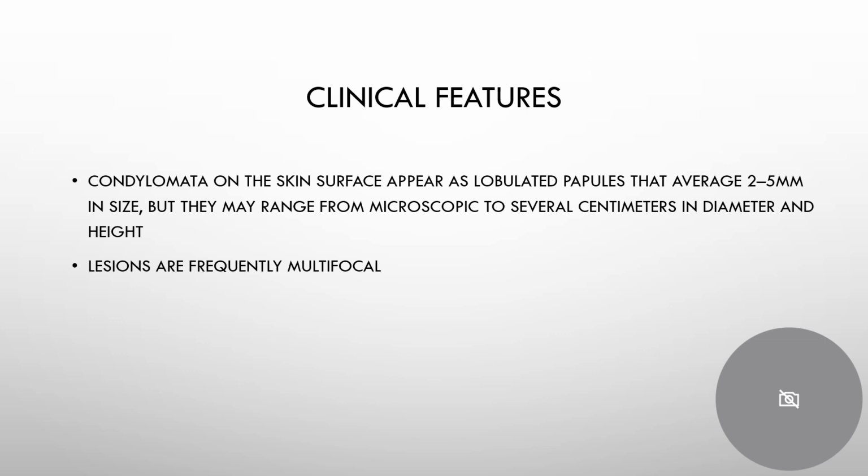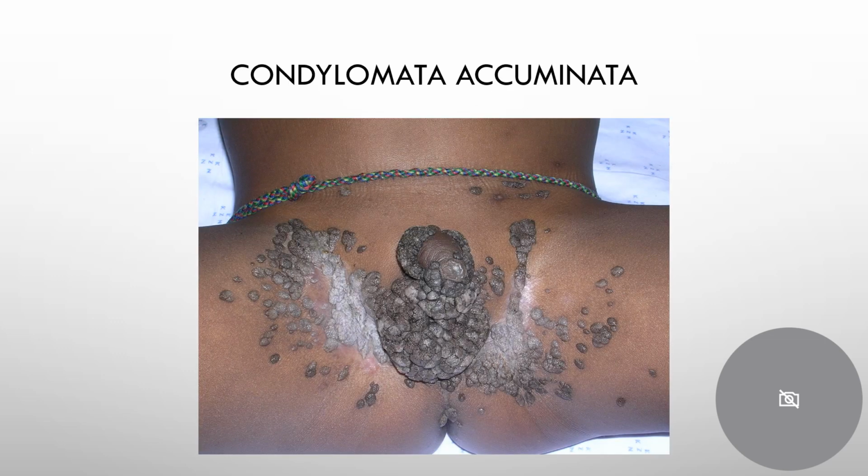These are frequently multifocal. In other words, they occur in several different regions. Here we can see extensive infection with these hyperpigmented verrucous papules that are found on the inner thighs, on the prepuce, on the penile gland and the scrotum, as well as in the perianal area.